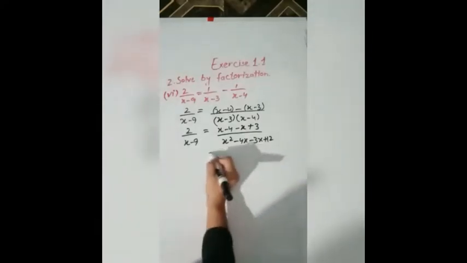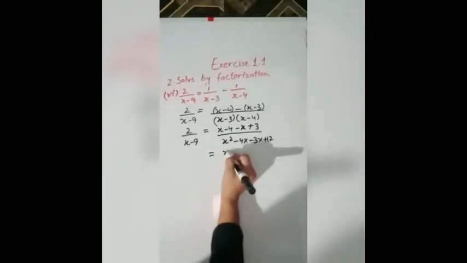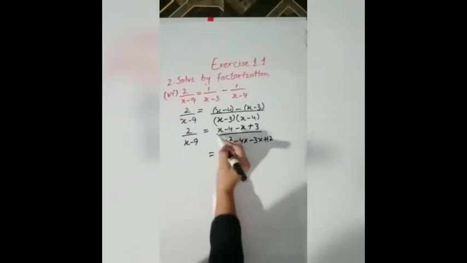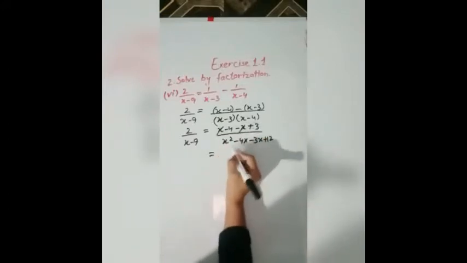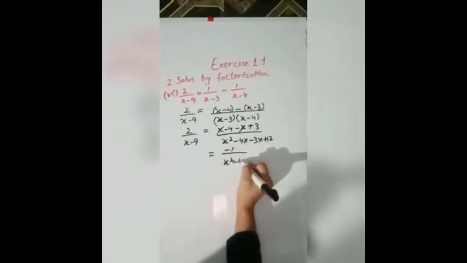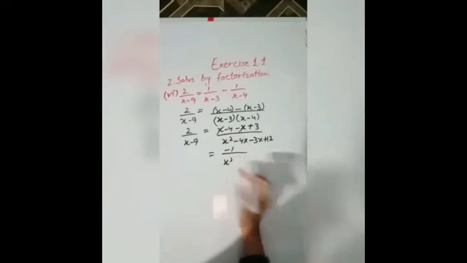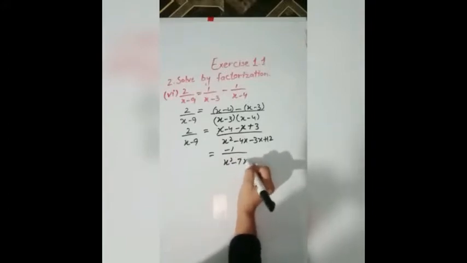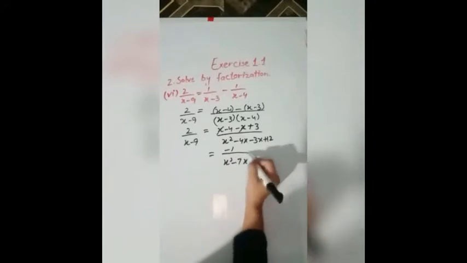Now this is plus x, this is minus x, this will cancel out and we get minus 1 by x square minus 7x plus 12.